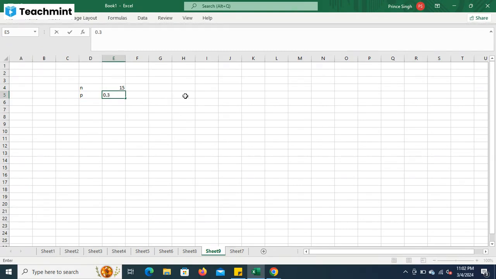For the binomial distribution, let us suppose that x is the random variable representing the number of successes. Because I am considering the number of trials as 15, our number of successes may vary from 0 to 15 only, right?